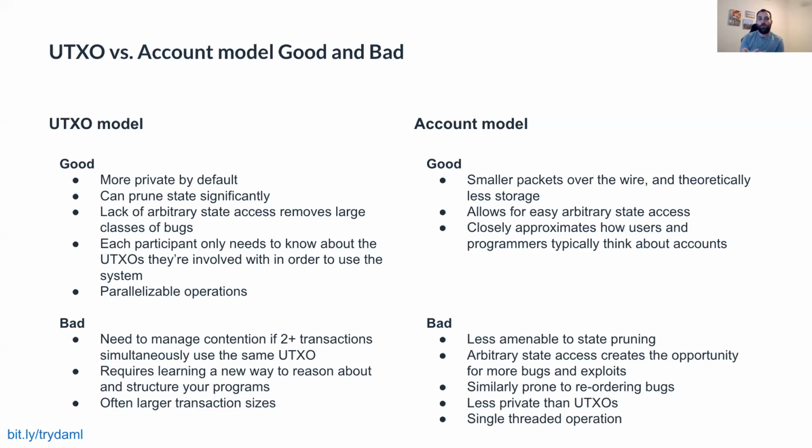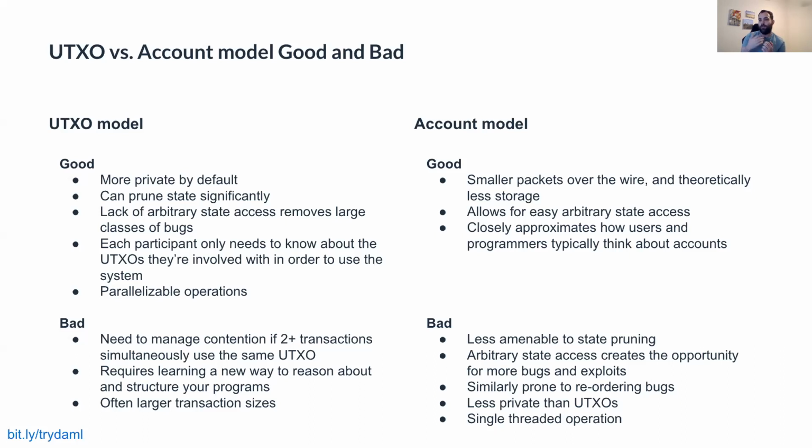It doesn't need to be used again, and if you see it again, it's obviously invalid. There's a general lack of arbitrary state access, which is somewhat related to this, and that removes a huge class of bugs. You don't have out of order execution issues, and you don't have other issues that we'll see later as well when I walk through the demonstration.